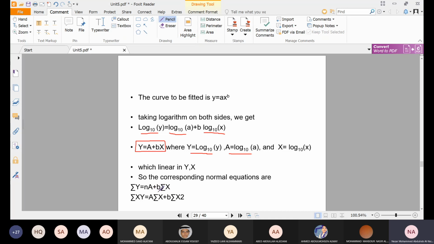Okay, and I will get the value of a. After that, I will apply inverse or anti-log. Here, b multiplied by the sum of x capital. Okay, this is x capital, not the small x. So x capital, we need to add more columns. And here, the sum of x multiplied by y, a multiplied by sum of x, and this should be squared. Okay, this should be x squared.